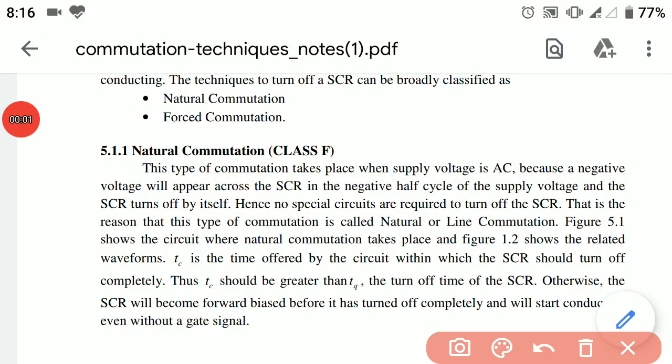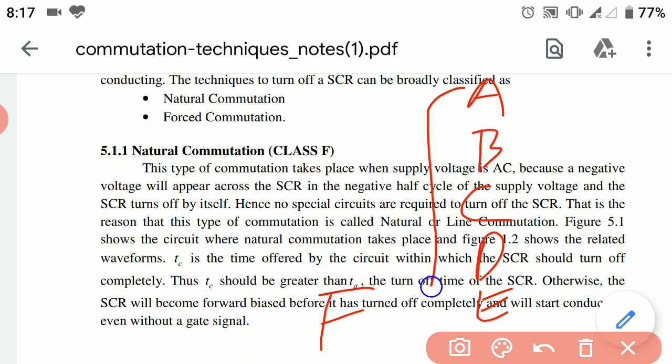Now we will discuss the techniques to turn off an SCR. These techniques are broadly classified into two main categories: natural commutation techniques and forced commutation techniques. Actually, we have classified all the techniques into different classes as class A, class B, class C, class D, class E, and class F commutation techniques.